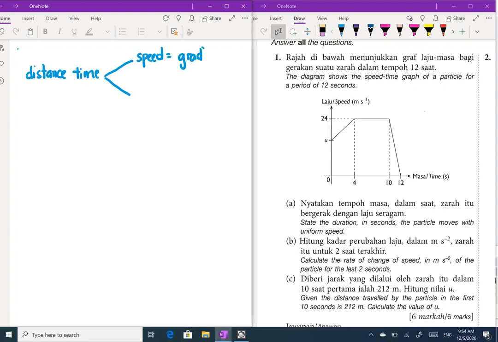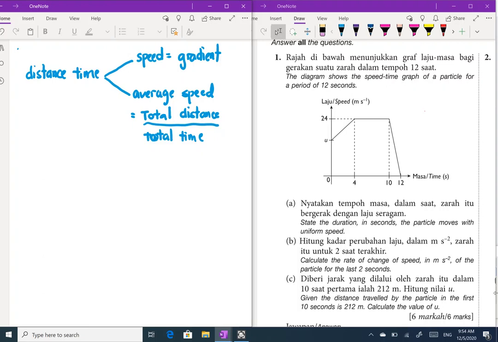We will find the gradient. And then if I want to find the average speed, that means I will use this formula: average speed is equal to total distance divided by the total time. Okay, this is the first graph that we have learned for last week.